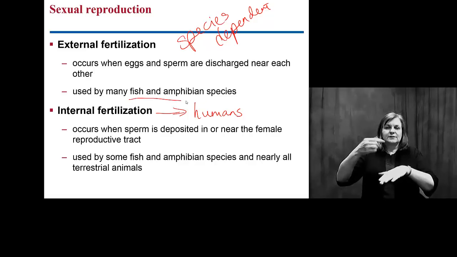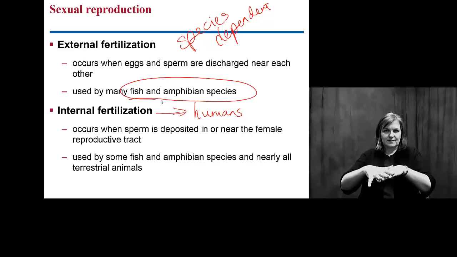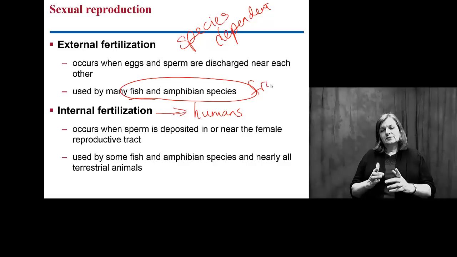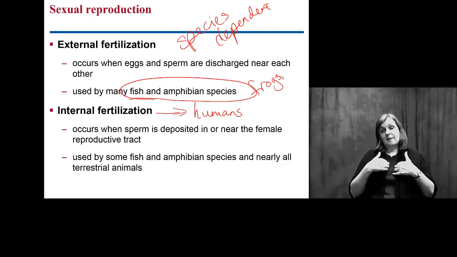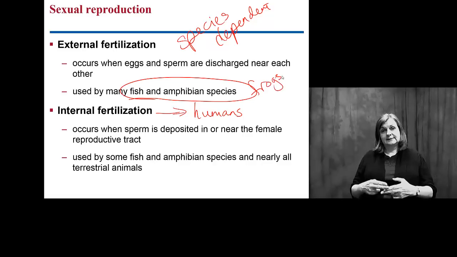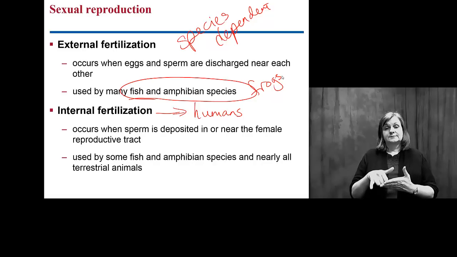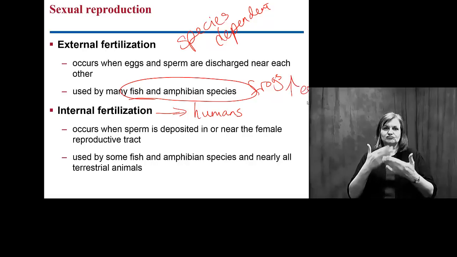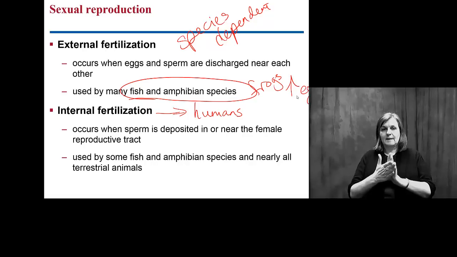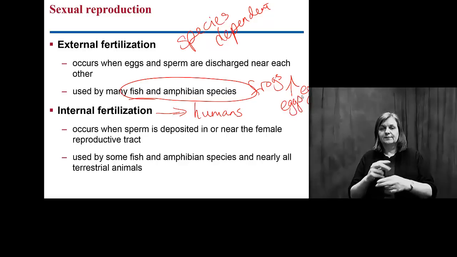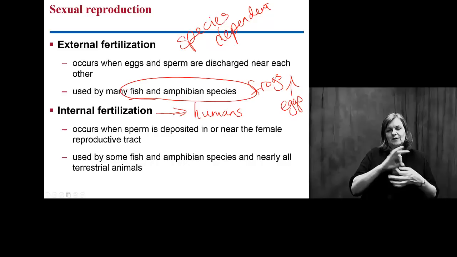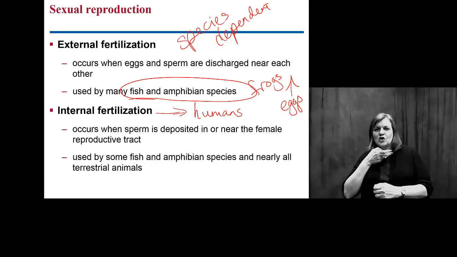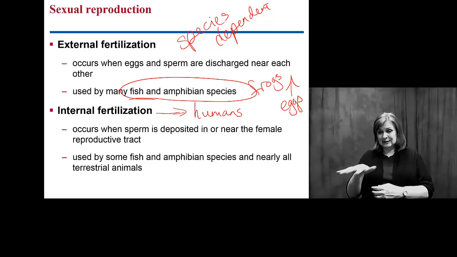External fertilization, you see here I have labeled for mostly fish and amphibian species, so frogs and so on. We see eggs will be deposited and then sperm will be spread over the top of this. This typically allows for a greater number of eggs produced, and for that organism may increase the chances of offspring actually being produced.